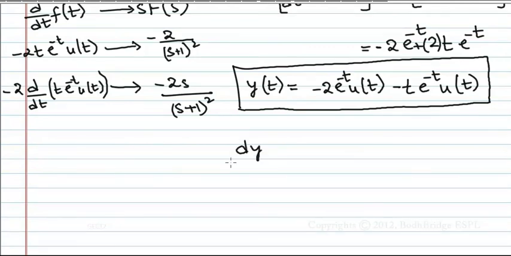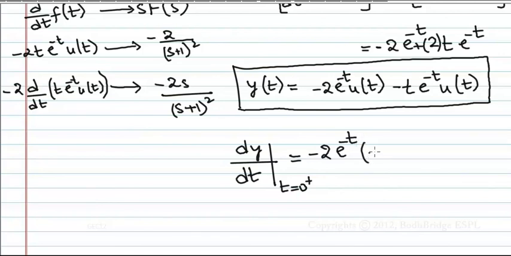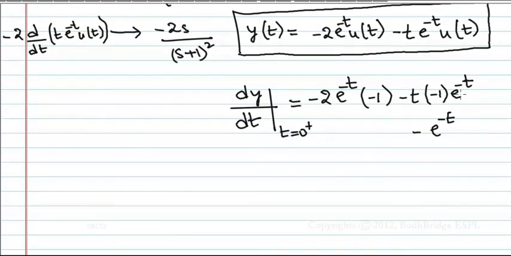Therefore dy by dt at t equal to 0 plus, how much is this? Differentiate this: minus 2 e power minus t into minus 1. Don't consider u of t.